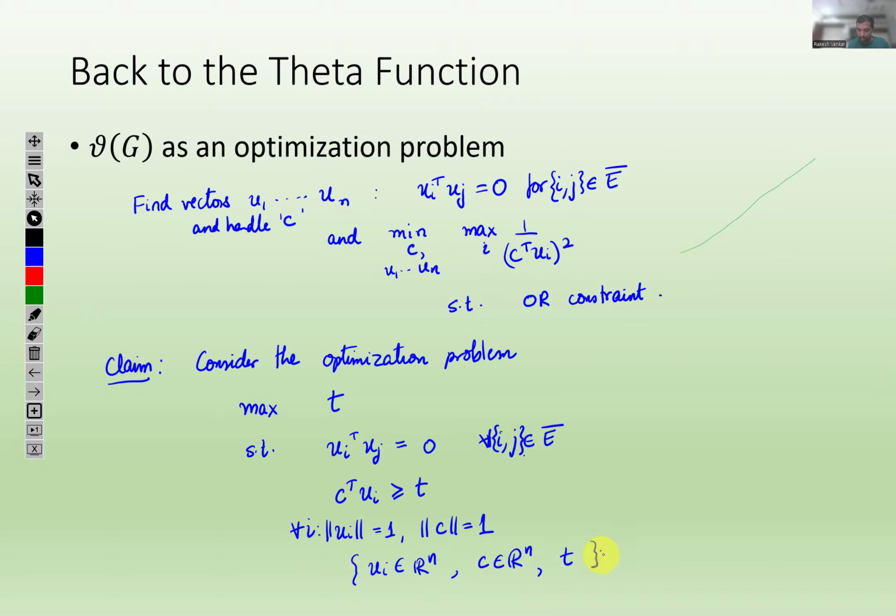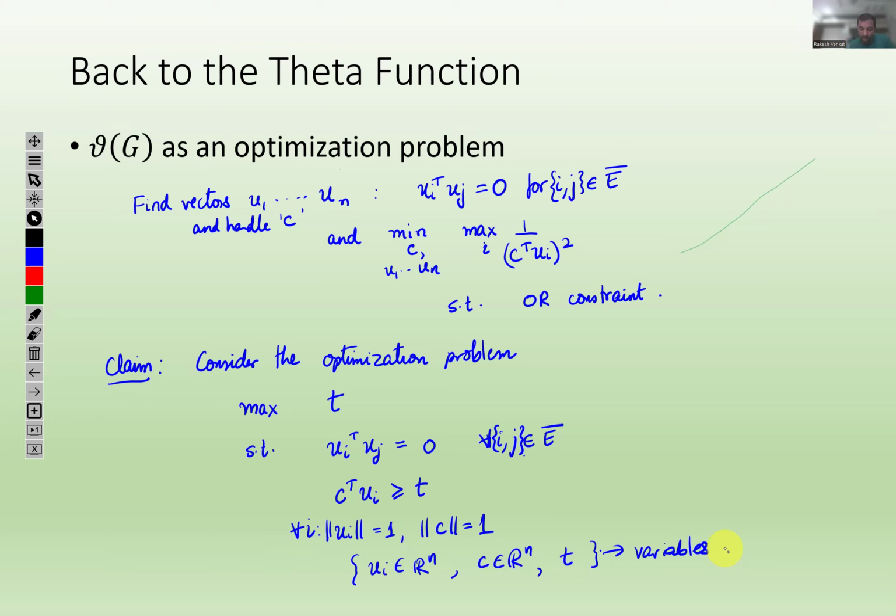These are my set of variables. It may be kind of odd when you look at an optimization problem where the variables themselves are vectors, but it's not very confusing. You could have an optimization problem with the base variables varying over any domain. This is just one such domain.